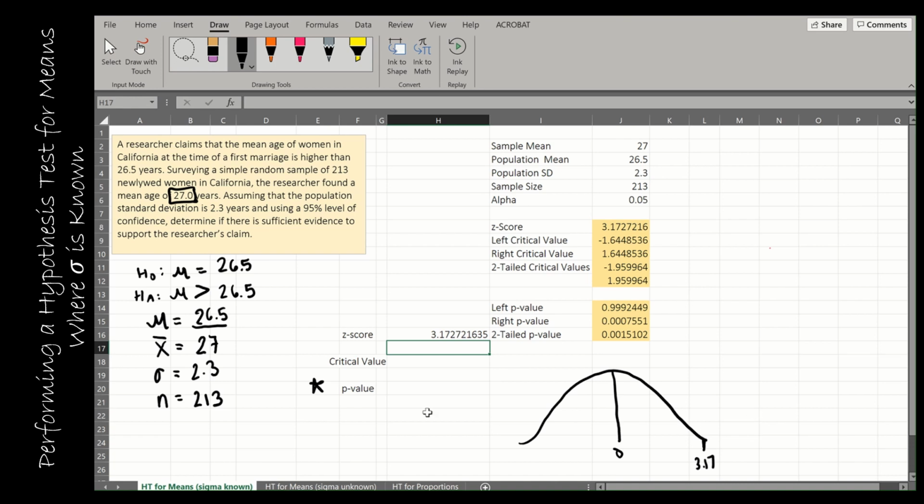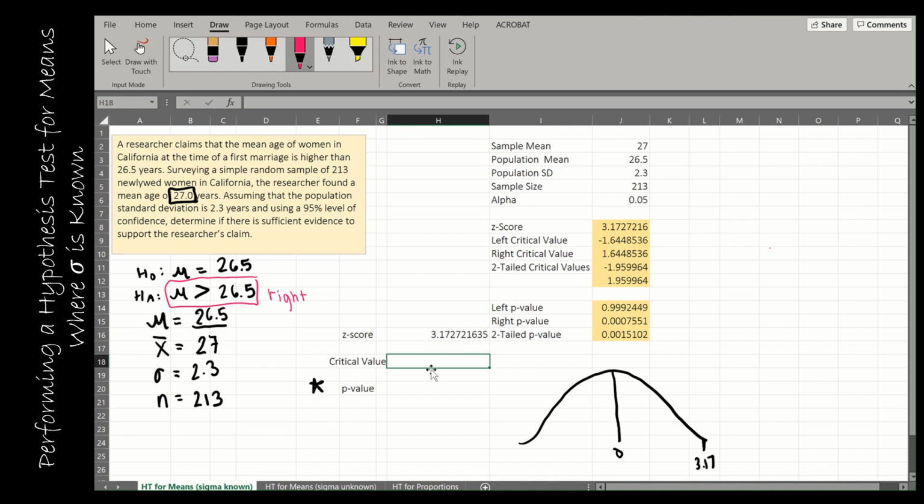And the critical value for the rejection region is, because this is a right-tailed test. And how do I know it's right-tailed? Because if you'll notice, my alternative is pointing to the right. And so for a right-tailed test, I want to just take 1 minus alpha.